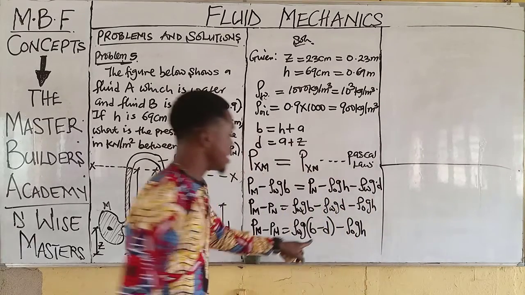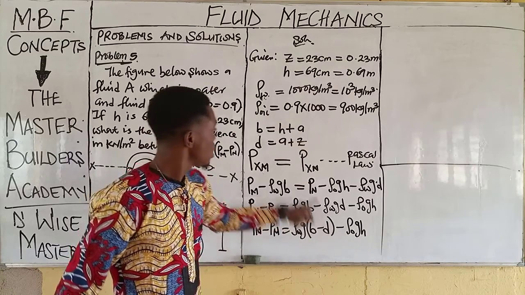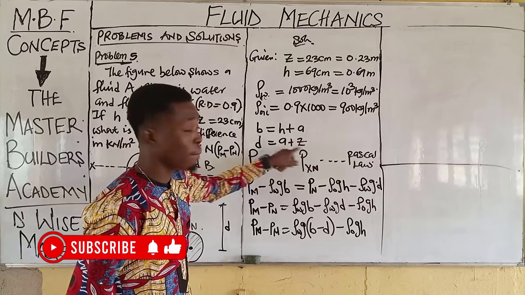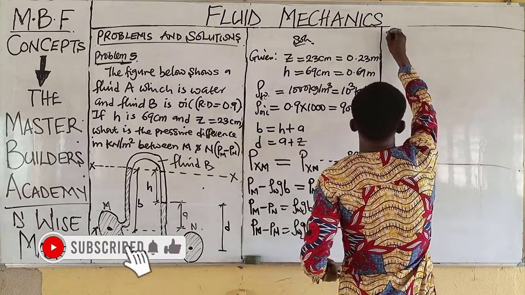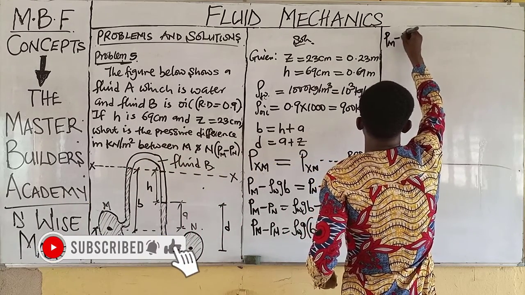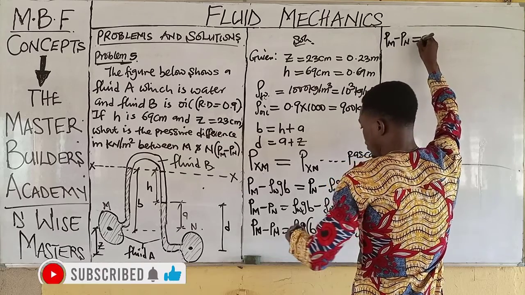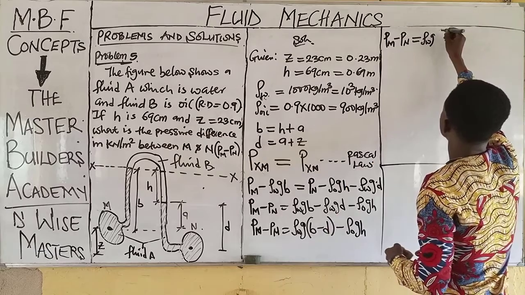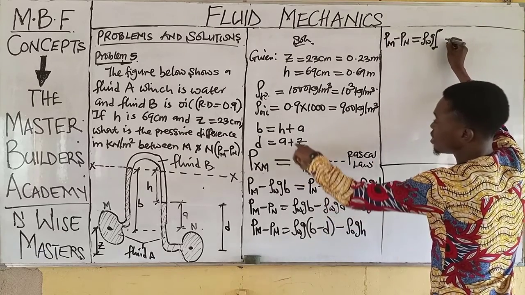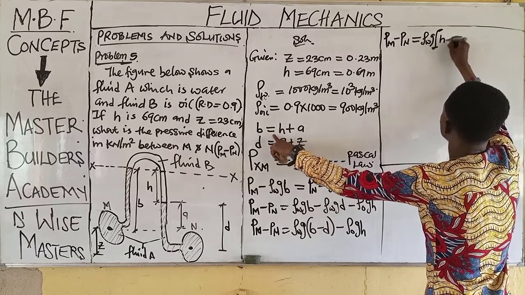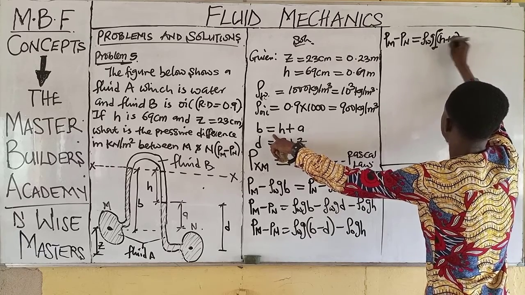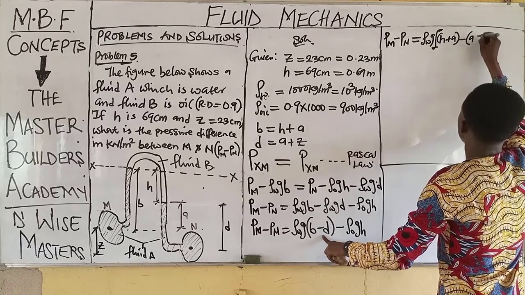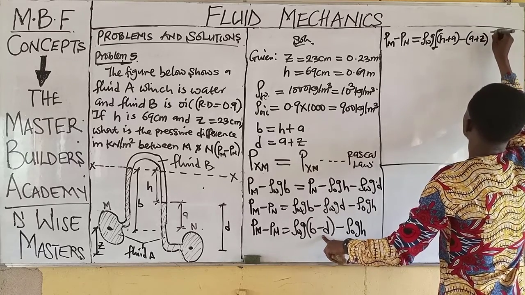Now, what is B? What is D? We know that B is equal to H plus A and D is equal to A minus Z. Then we have minus Pn is equal to density of water, G, open bracket, the value of B is H plus A, close bracket, then minus the value of D, which is A plus Z, then close the bracket.